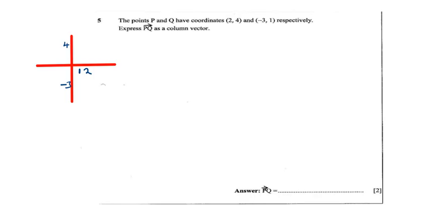Now if we are to plot this, our Q will be that point, and then our P will be at that point. So having that in mind, this simply means that P is starting from that point, reaching that point, and Q is also starting from that point, reaching that point.